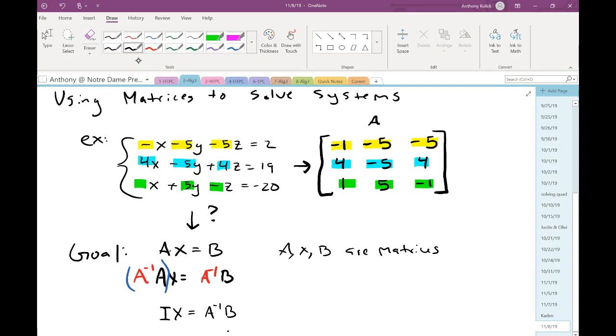Okay, well that's really easy. So notice that because my system was a 3-variable, 3-equation system, my coefficients matrix is going to be a 3 by 3.